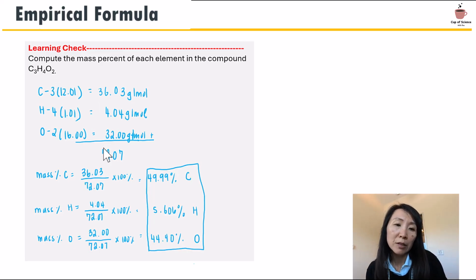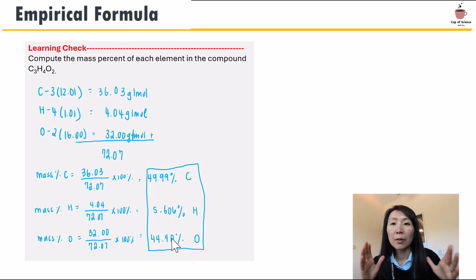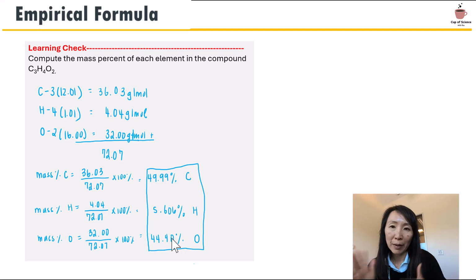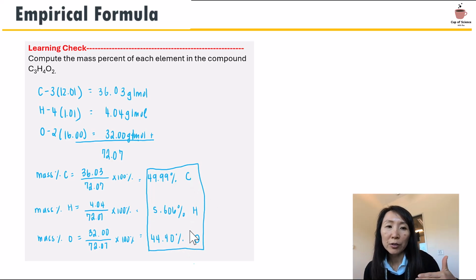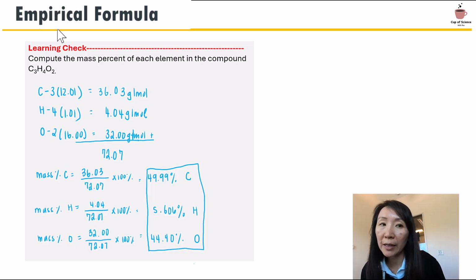And we went through a series of calculations and found those percentages. This video will take you backwards, meaning that I'm going to give you the percentages, and then you're supposed to find the chemical formula, in particular the empirical formula. So let's dive in.